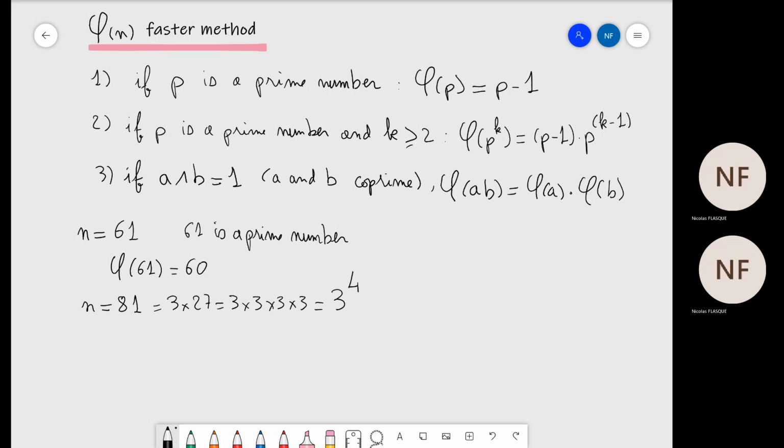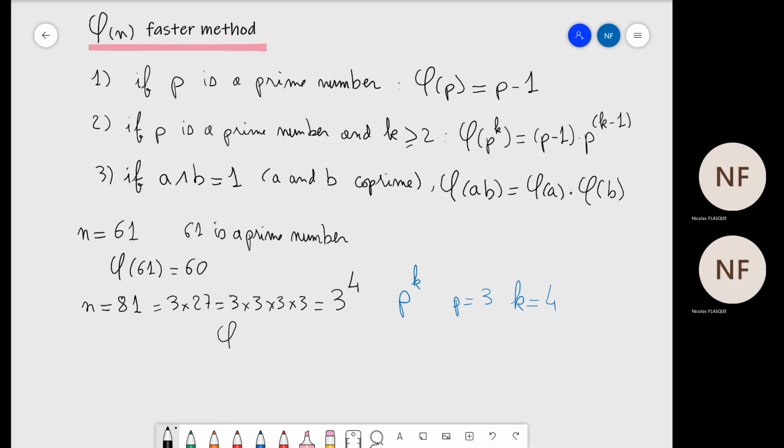So here, 81 is a power of a prime number, so we'll have to use statement number 2, where n is some prime number p to the power of k, which is an integer. In this example, p is equal to 3 and k is equal to 4, so we can directly apply statement number 2.